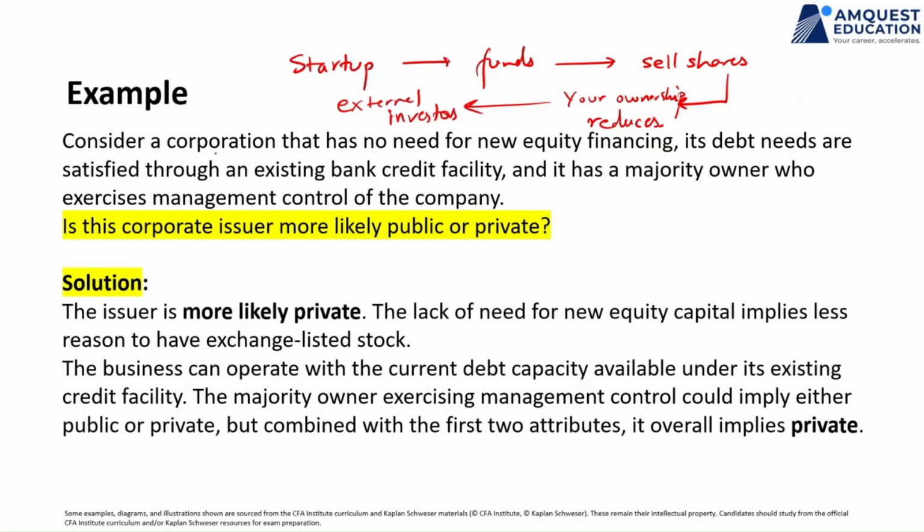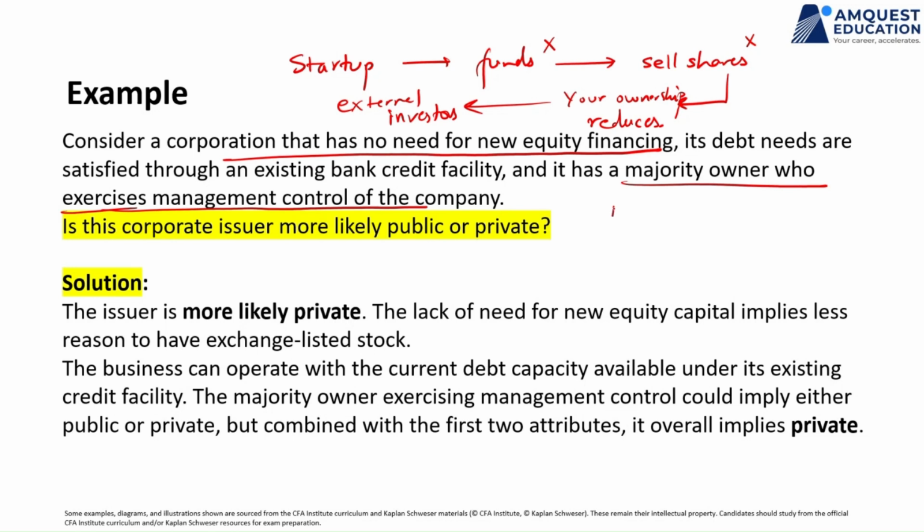Now, in this case, the company has no need for financing, which means they don't need money. They have enough money, so they don't need funds. They are not going to sell shares. And if they don't sell shares, they will have complete control of the company. The majority owner will continue to control the business.